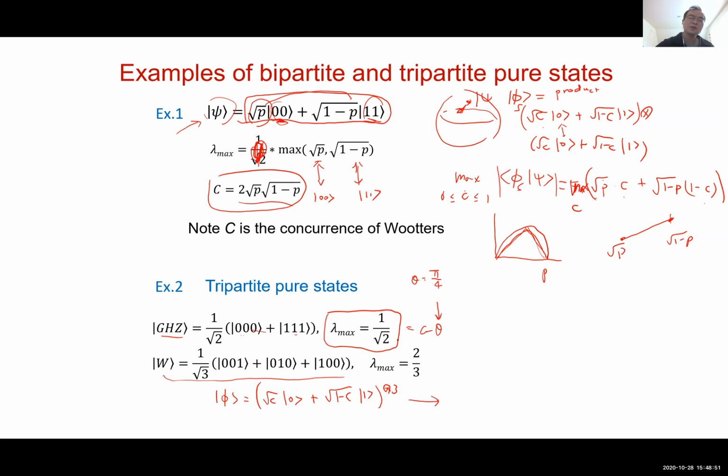The only contribution will come when I expand this: I would have combinations of 0,0,1 and 1,0,1 and 0,1,0,0, that involve 0 twice and 1 only once. So if you expand, the only contribution that you will see is this.